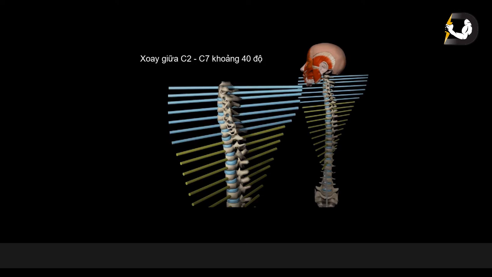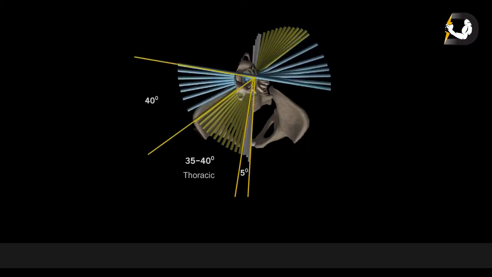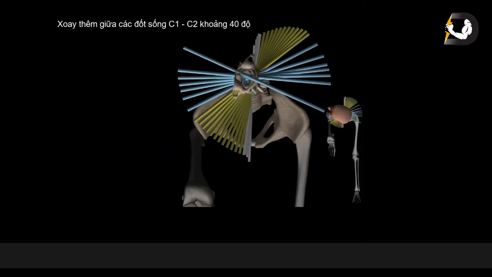The rotation between C2 to C7 is about 40 degrees. Additional rotation between vertebrae C1 and C2 is about 40 degrees.